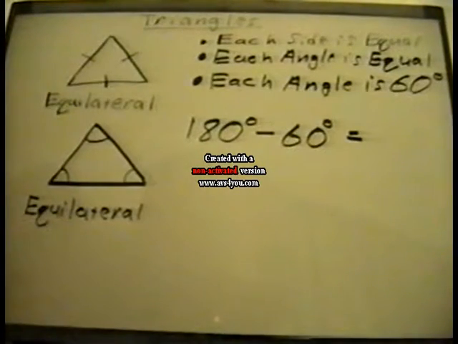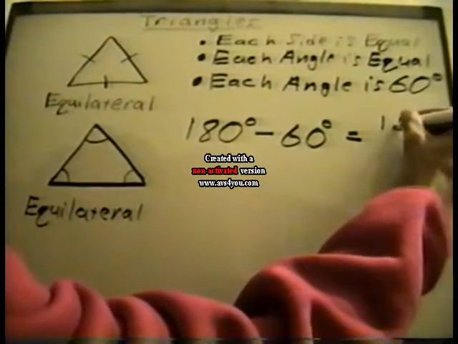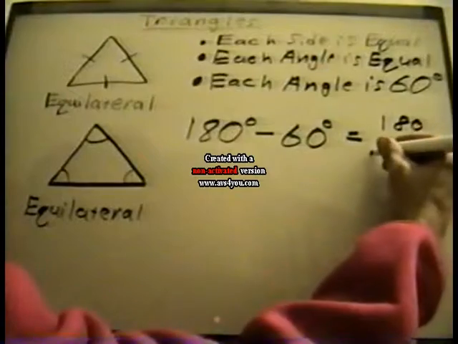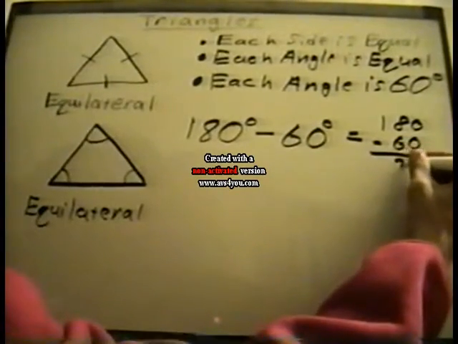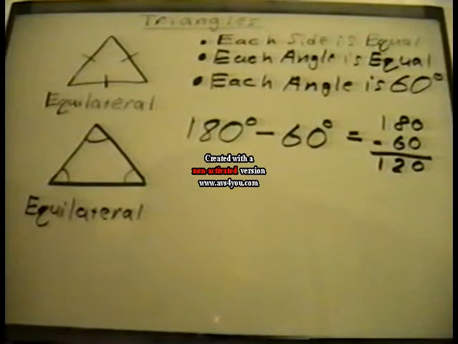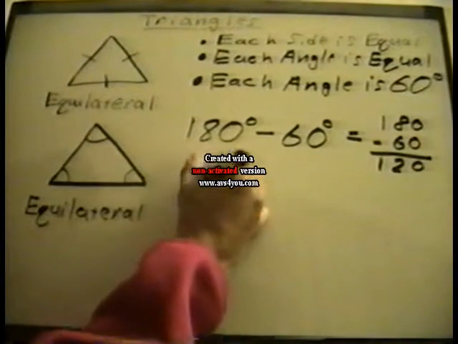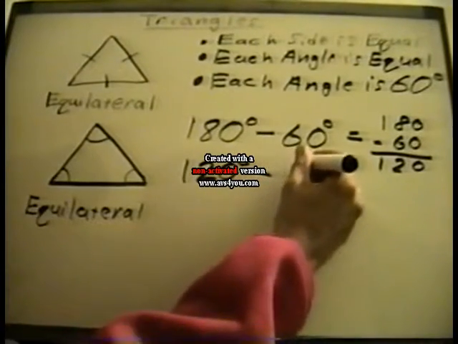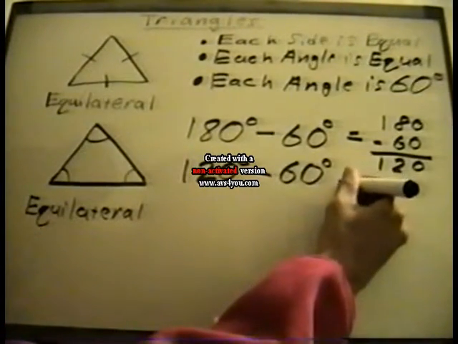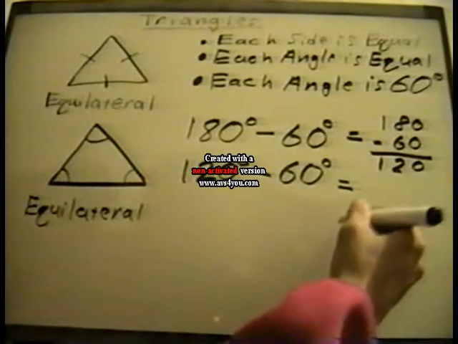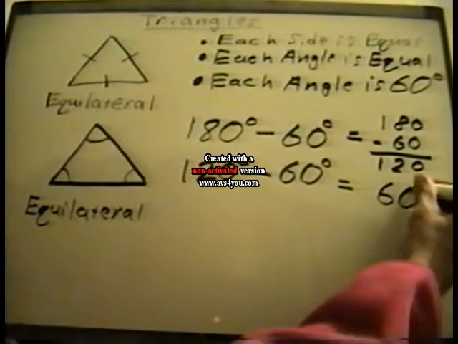So 180 degrees minus 60 degrees is going to give us 120 degrees. Okay, so 120 degrees minus another 60 degrees gives you 60 degrees.